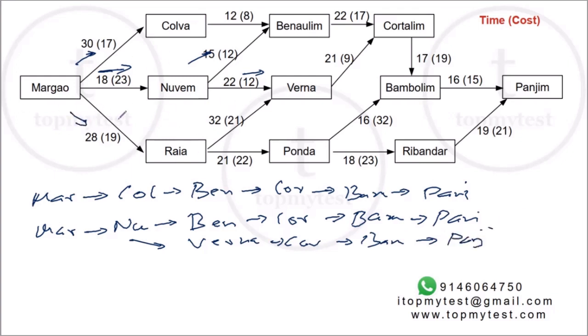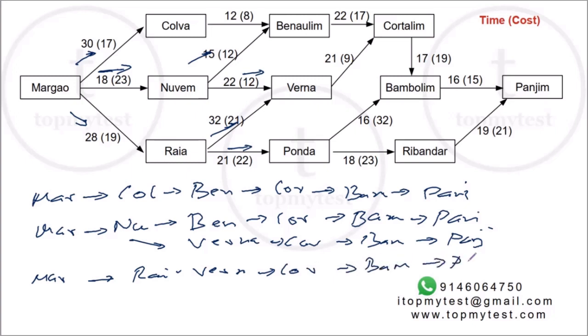Okay, so we have done Nuve. Let's go to Raya. So Margao to Raya. Now from Raya, you can go to Verna or you can go to Ponda. So from Verna, there is only Kurtali, Bamboli, Panjim. The other way to go from Raya is you can go to Ponda.